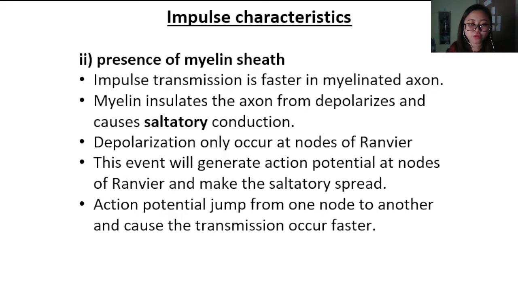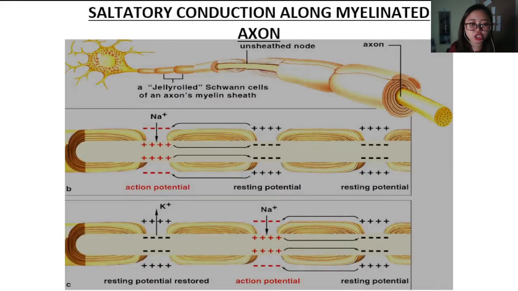So for this point, talking about myelin sheath, let's have a look at this diagram. Really sorry why it came out so dark. But this is showing how it looks in a myelinated axon. So kalau itu axon tiada myelin, dia akan pelan-pelan satu bahagian demi satu bahagian.